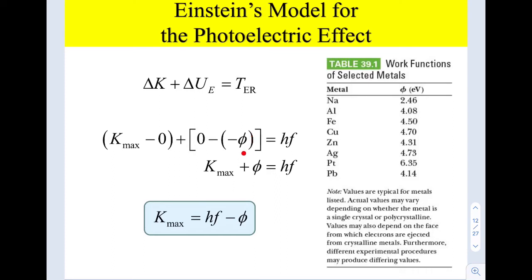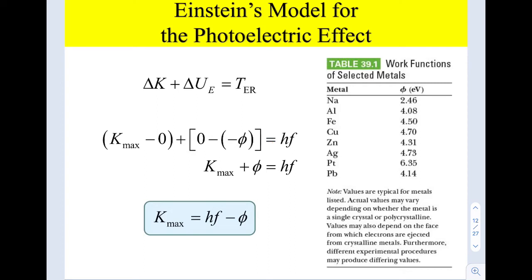This minimum required energy is used up to break the bond between the electron and the atom within the emitter, right? And this work function is different from one type of metal to another.